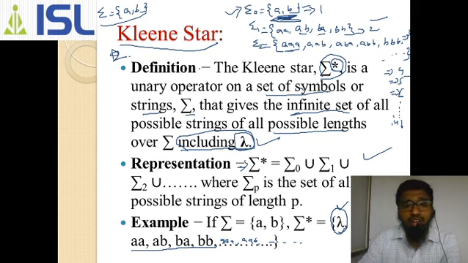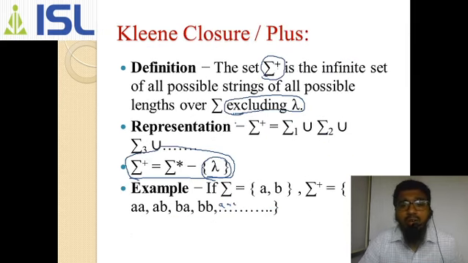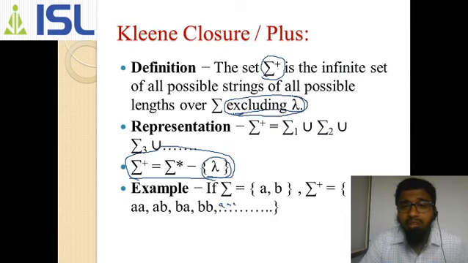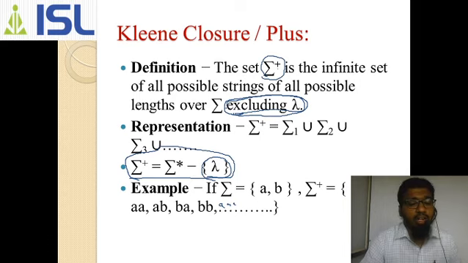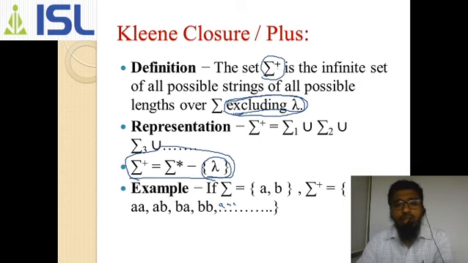The major difference is that Kleene Star includes lambda and Kleene closure excludes lambda. This is the main important thing. Clear? Okay. So here also you can take sigma 1, sigma 2, sigma 3.